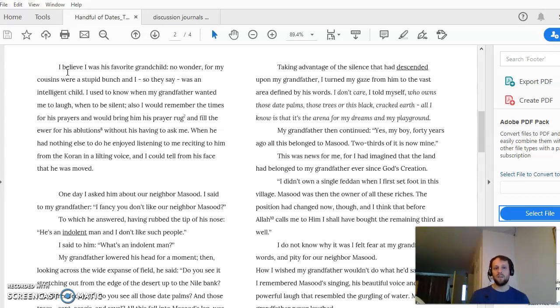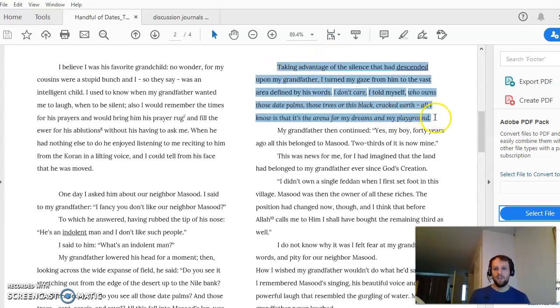On the top right of the second page, he's talking about how "I don't really care who owns the dates or the trees or the land. All I know is basically that I like to play in this land." But we see him moving back and forth between these childlike observations and very adult observations, just realizing the nature of the relationship between the grandfather and Masood and the nature of the reality around him.